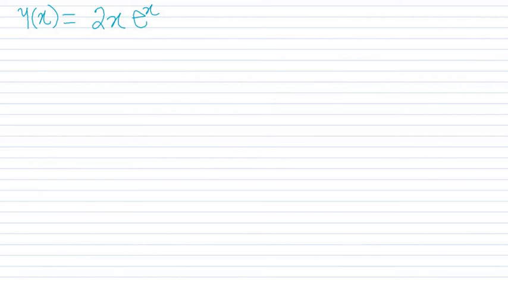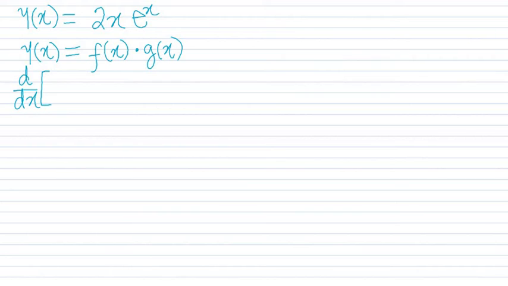Now this is what the product rule looks like. Before the product rule, this is what a function you're going to apply it to looks like: f of x multiplied by g of x, right? Now imagine we're going to apply the product rule. We differentiate the function with respect to x, or with respect to the variable.